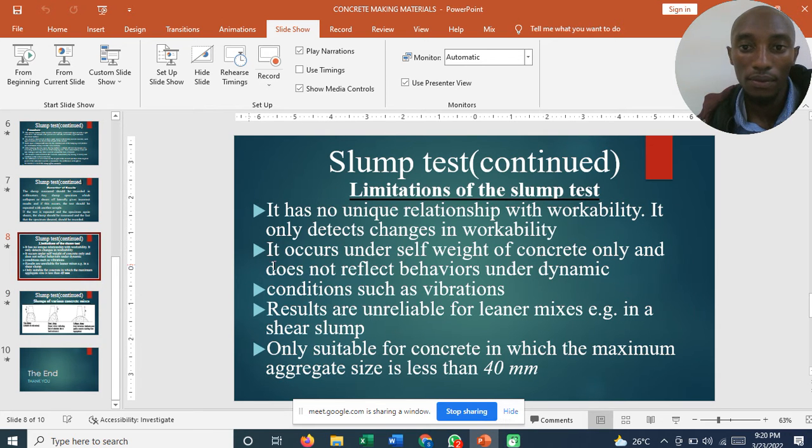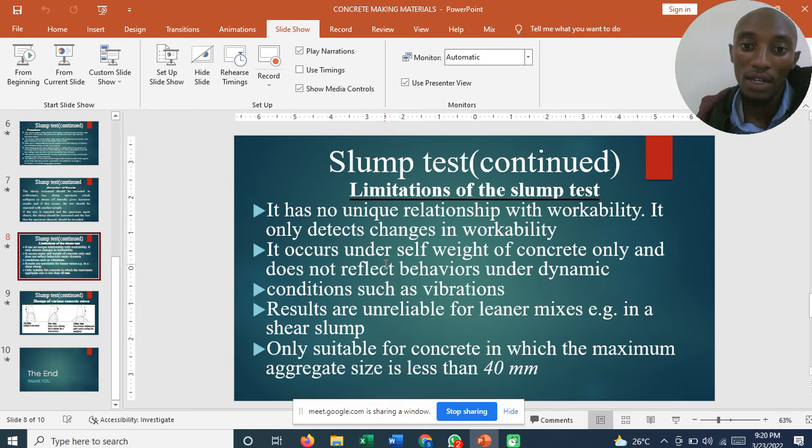Now, there are some limitations in the slump test, and they include as follows. It has no unique relationship with workability. It only detects changes in workability. The slump test will not increase workability, but it detects changes in workability.